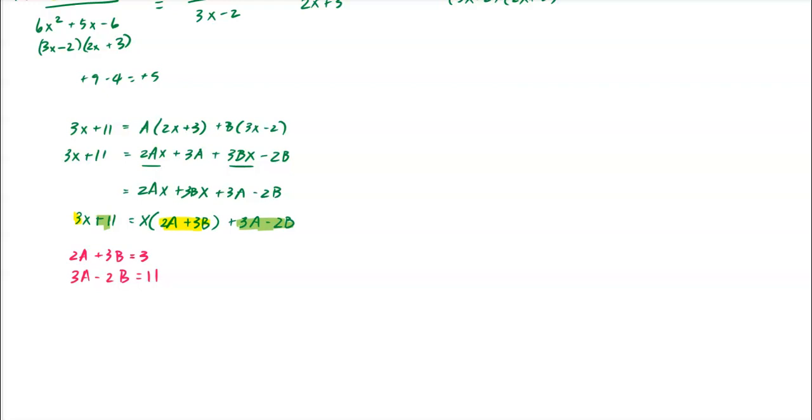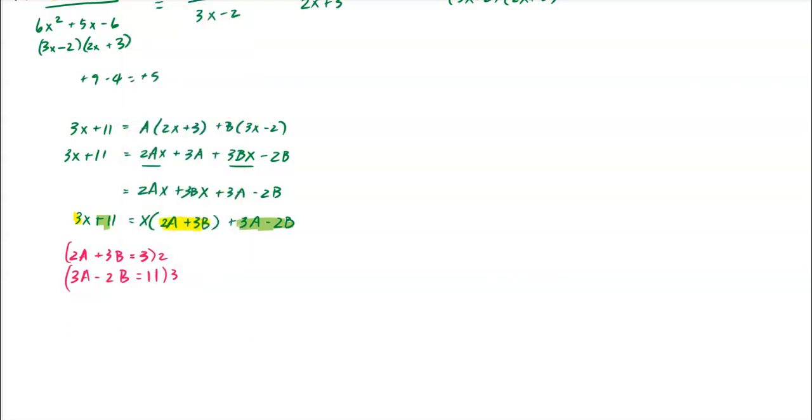What's the best way to solve this? I could solve for this b right here, because this is divisible by 3. Or I can use elimination. I'm going to try doing that. I'm going to multiply this by 2, multiply this by 3.